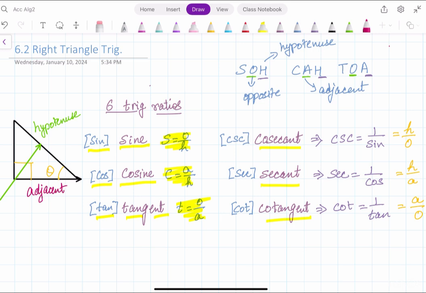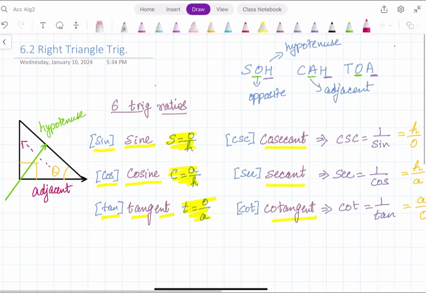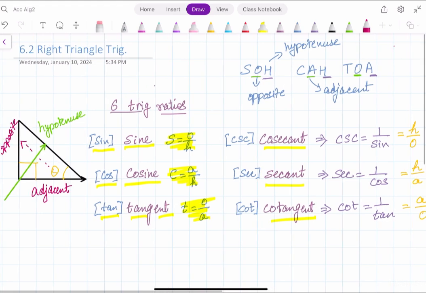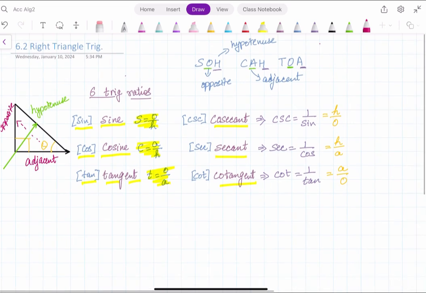And the side length opposite to theta is called the opposite side. So if you label all the sides by using the arrow, it will be really, really helpful. So these are the basic 6 ratios and how to identify opposite, adjacent, and hypotenuse.